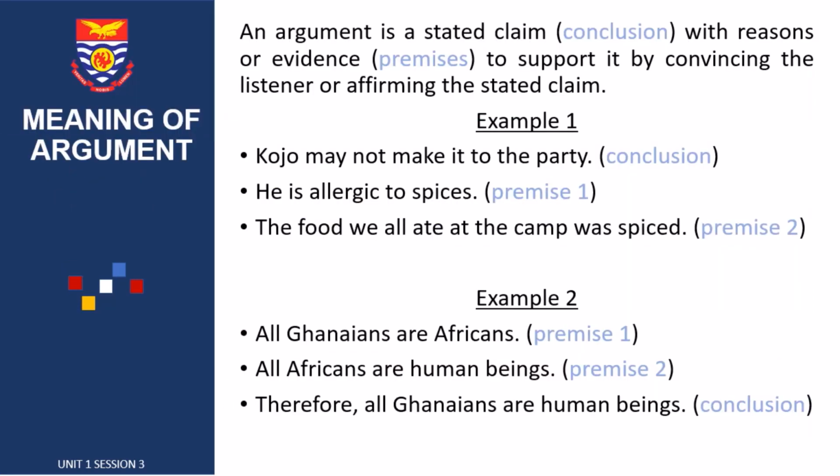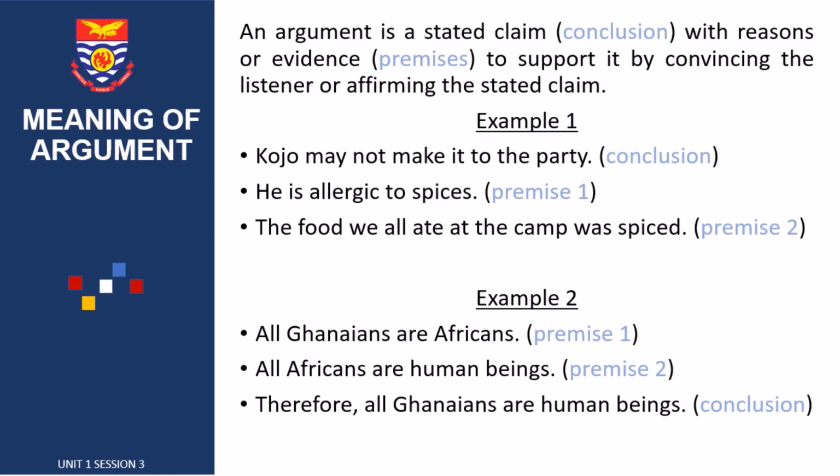An argument is a stated claim with reasons or evidence to support it, by convincing the listener or affirming the stated claim. See an example we have here. It says, Kojo may not make it to the party, and that's a claim, right?